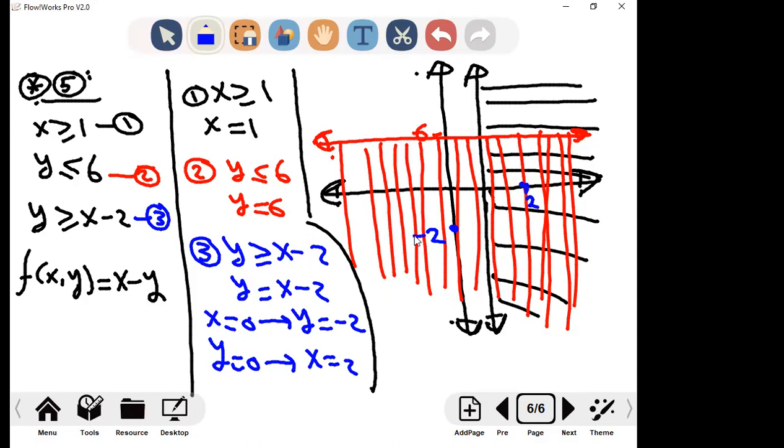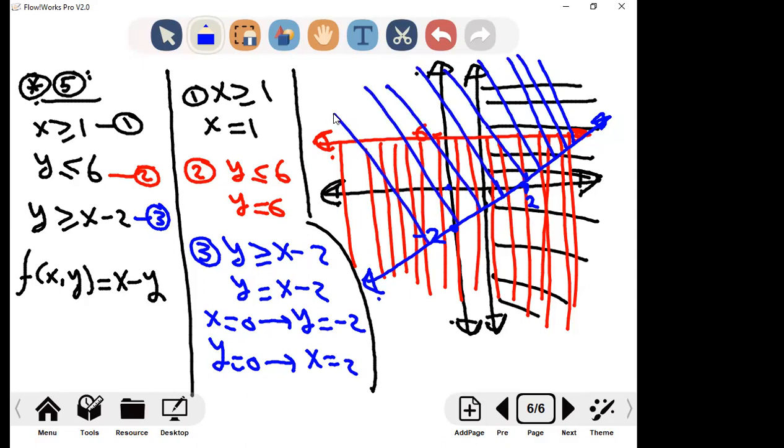Now, up or down, let's check 0, 0. Is 0 more than negative 2? Yes. So I'm going up. We have a triangle, right? See the triangle?